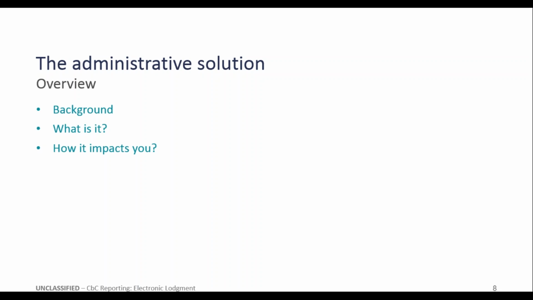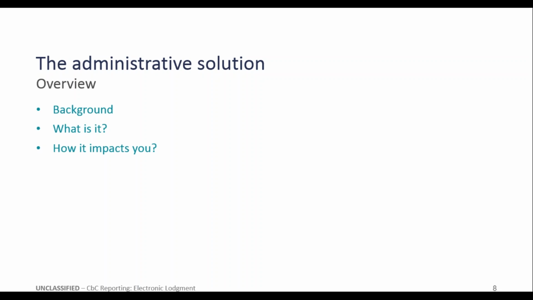If you do choose to take up the administrative solution, it still requires you to lodge an IDS where relevant. So if you have to report interests in foreign entities, if there are thin cap related values you need to report, you still have to lodge an IDS in respect of those.